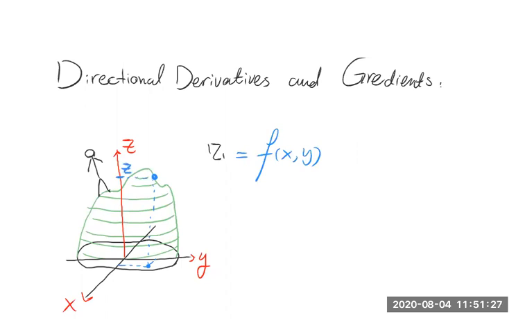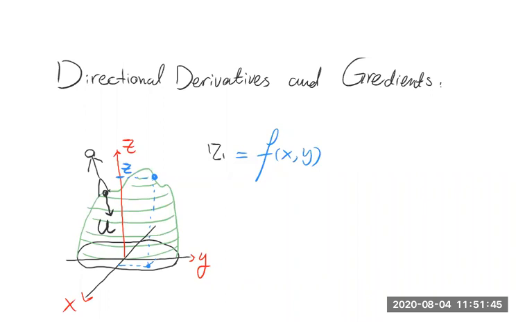Okay. And you want to know how to determine the slope in different directions. So you want to see, for example, if you're here, if you walk in that direction, if you're climbing the mountain, what would be the slope you feel if you walk, for example, in direction of u?